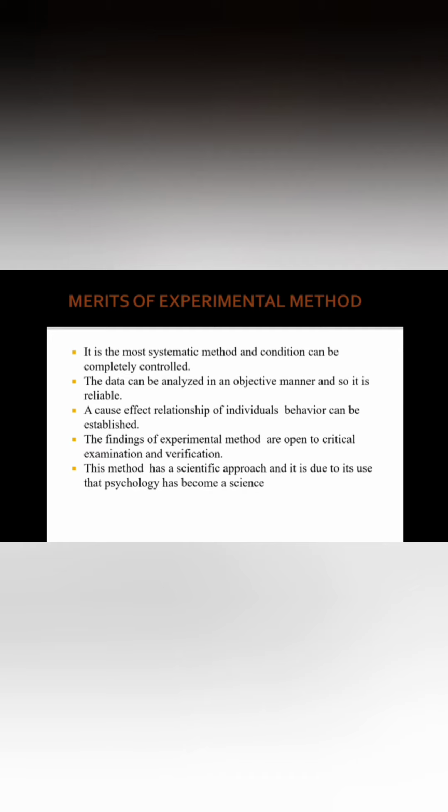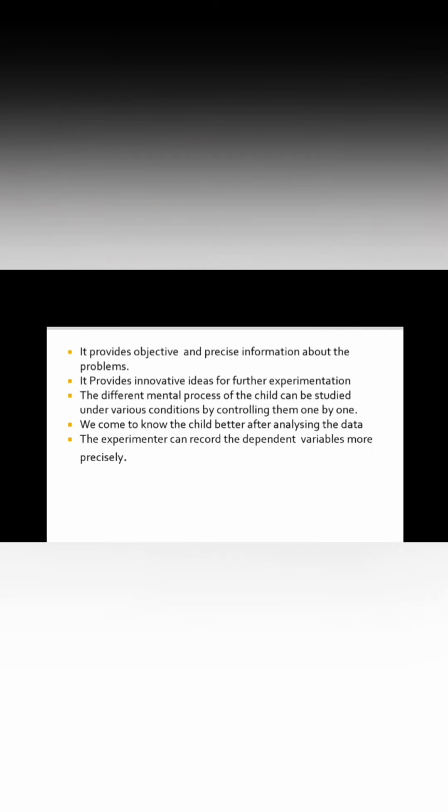The findings of the experimental method are open to critical examination and verification. This method has a scientific approach, and it is due to its use that psychology has become a science.